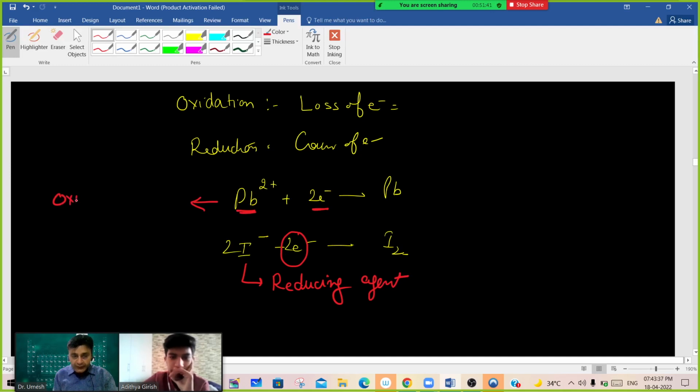This is the oxidizing agent. So the oxidizing agent itself undergoes reduction and the reducing agent itself undergoes oxidation. Understood? Note it down.